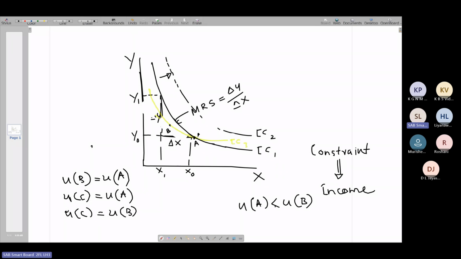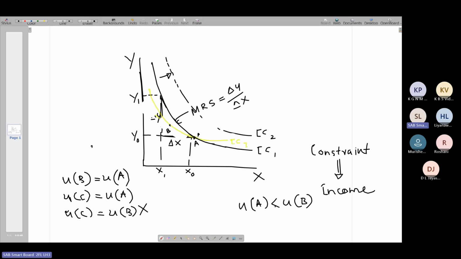This cannot happen, because utility C gives a higher level of satisfaction than utility B, since it lies above the indifference curve IC3. So point C is a higher point than point B. So therefore we can say indifference curves cannot intersect each other.